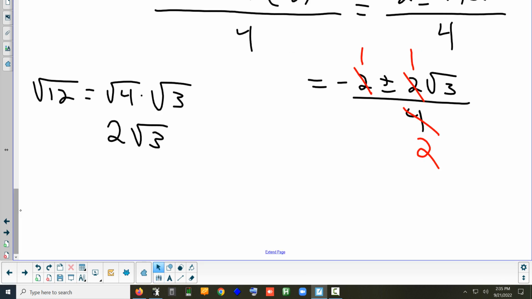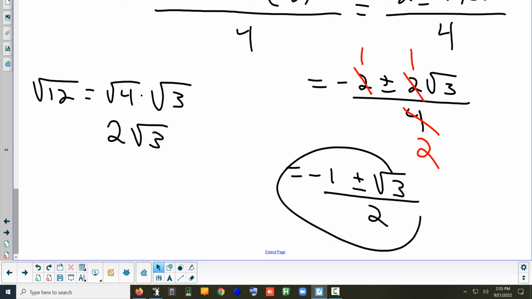So the final answer ends up being negative 1 plus or minus, you don't need to put 1 square root of 3, you can just put square root of 3, over 2. And that was the last.